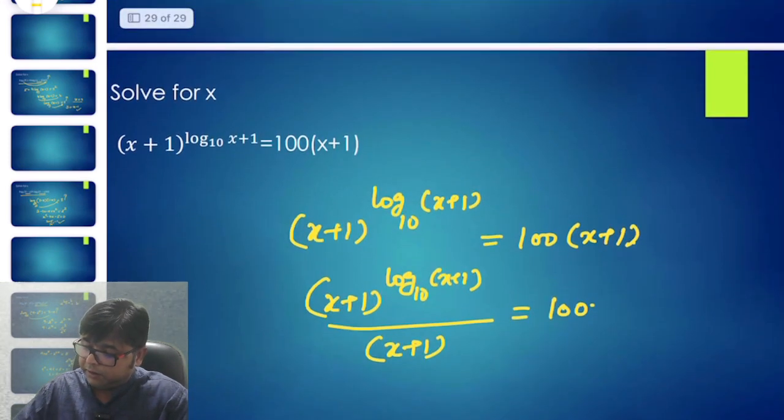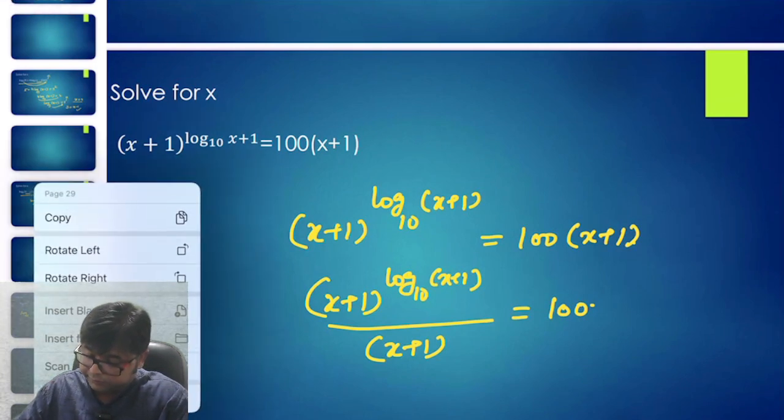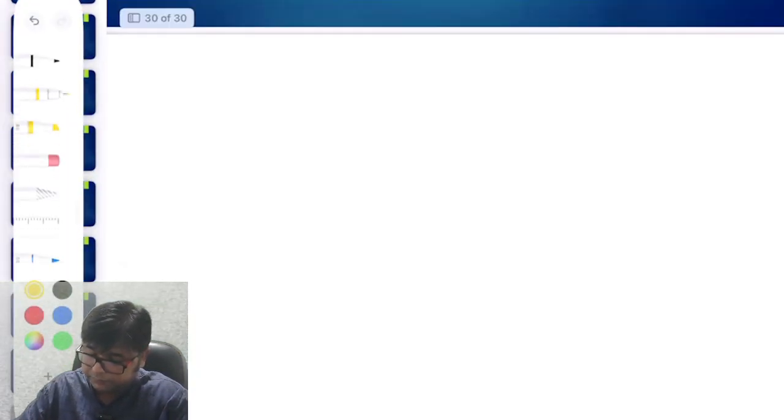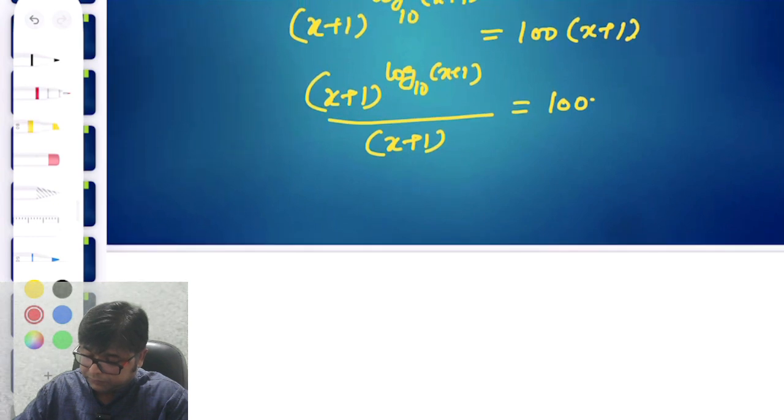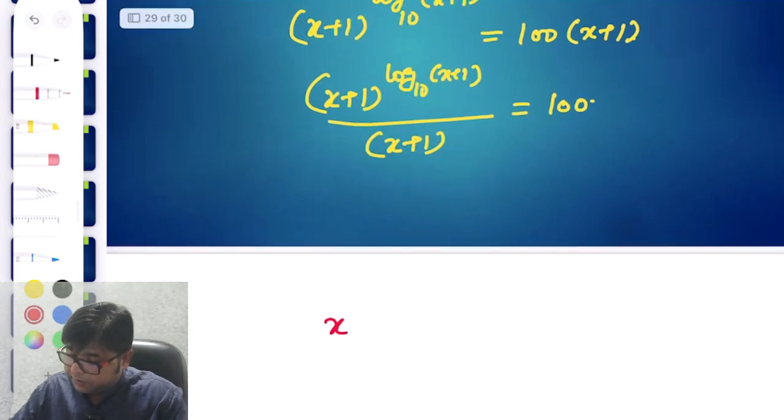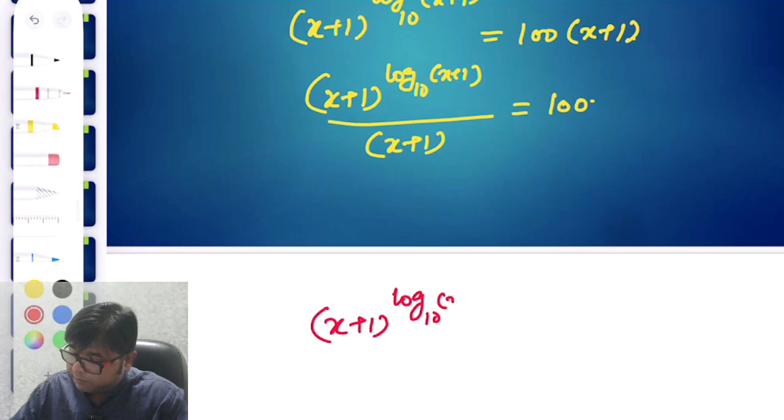So it gives me x plus 1 to the power log base 10 x plus 1 minus 1 is equal to 100.